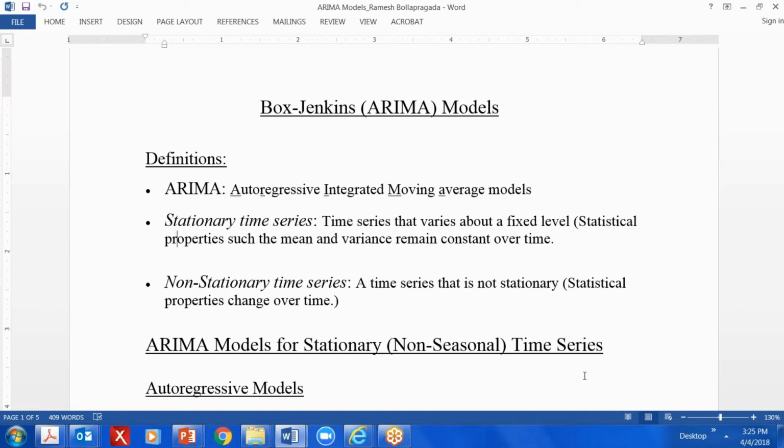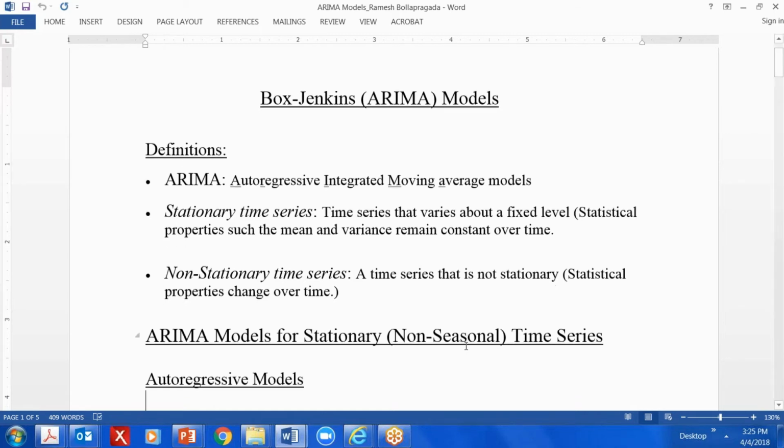Non-stationary is one where the properties of mean and variability are changing from time period to time period. A simple example is a linear trend.